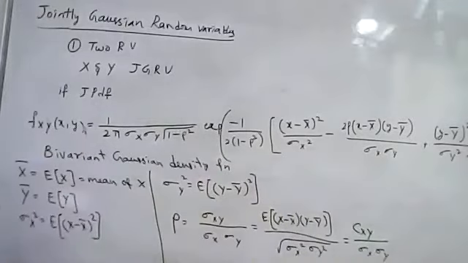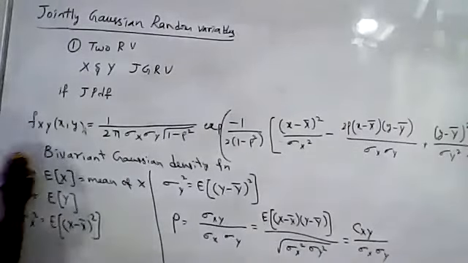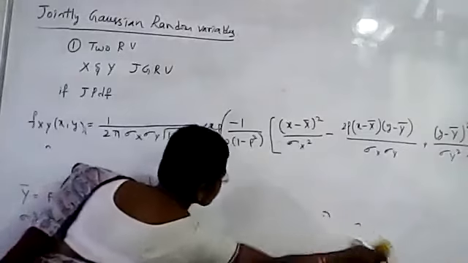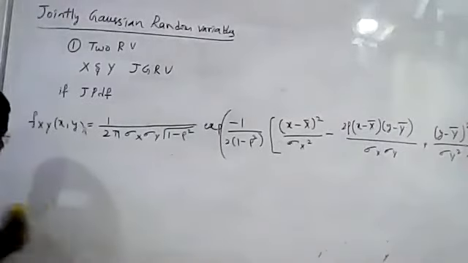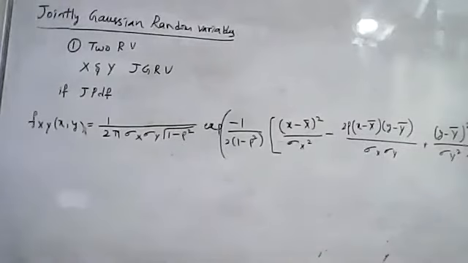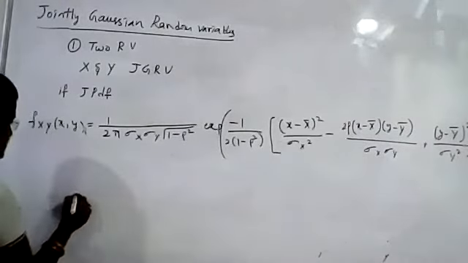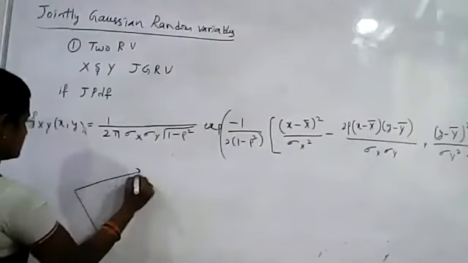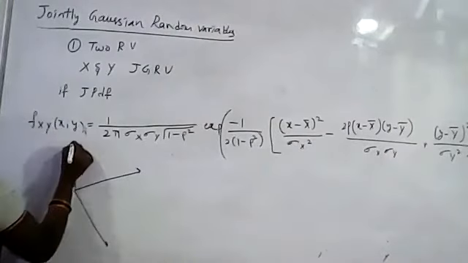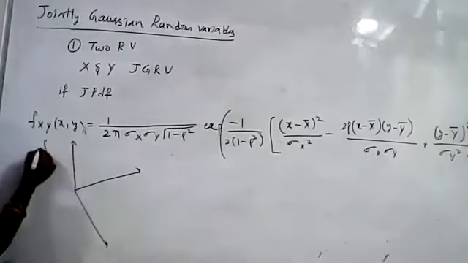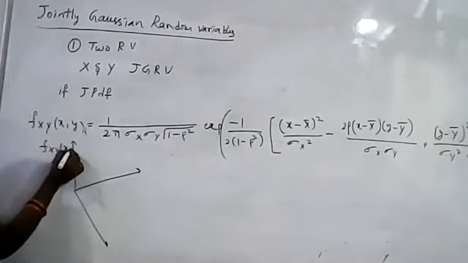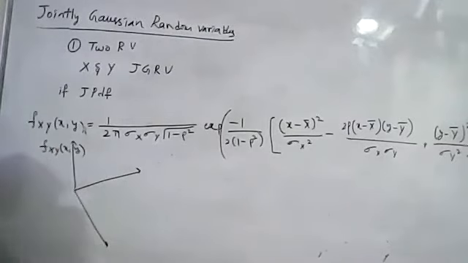Now if you plot this jointly Gaussian random variable, the probability density function of the Gaussian random variable, the plot of this is given like this. So here we are finding the joint probability density function of the Gaussian random variable f x y of x comma y.